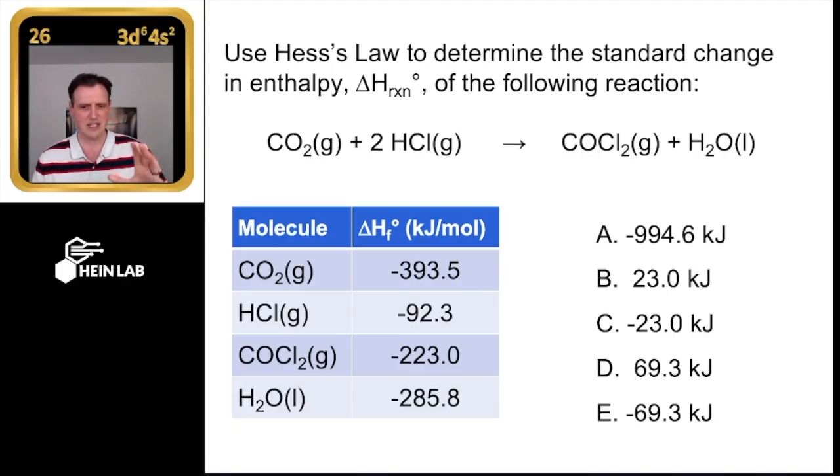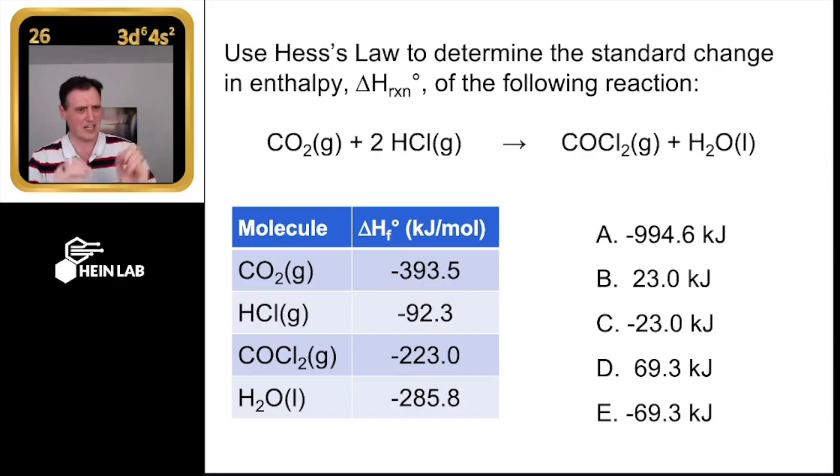So we've got a little balance. Now again, what are your two products? It's COCl2, where the energy there is minus 223, and water, minus 285. So call it 200 and 300, about 500, right? Your starting materials, one of those is 400, and then you've got two 90s, right? That's actually pretty close.